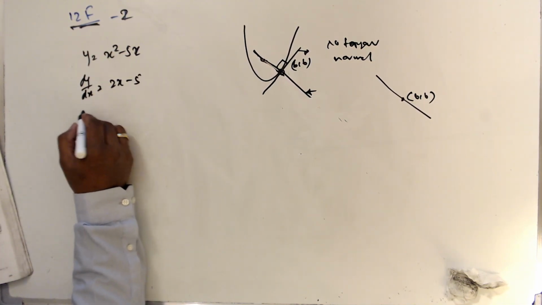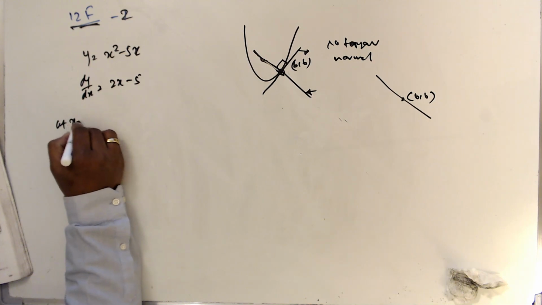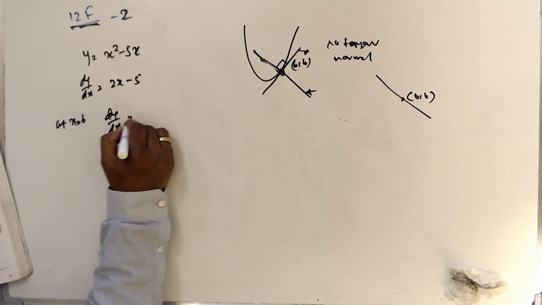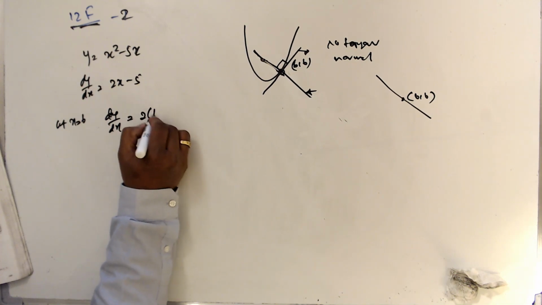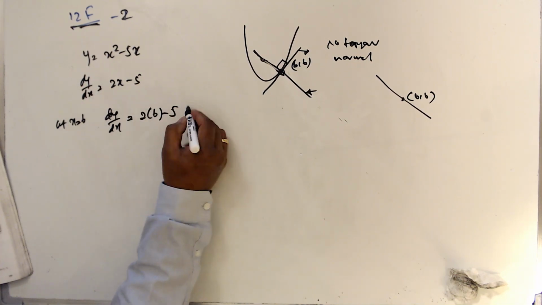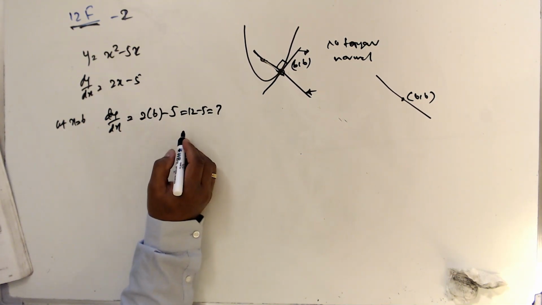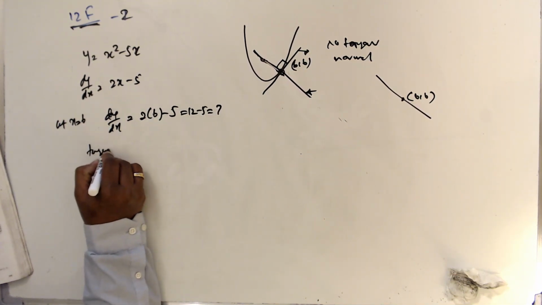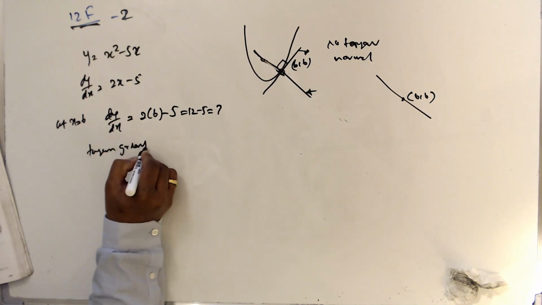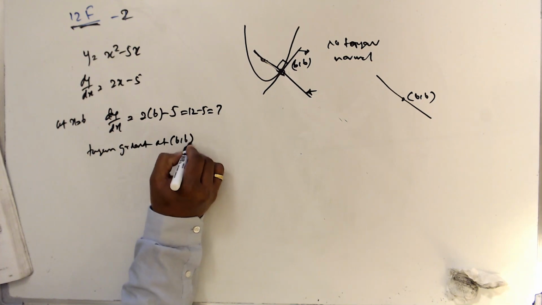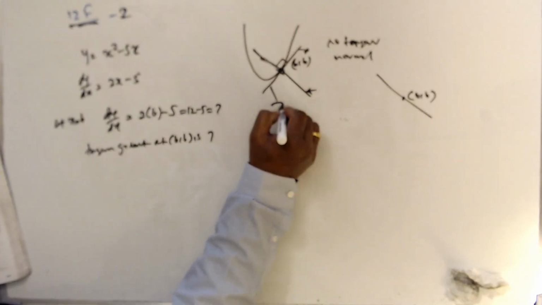Now at x equals 6, dy over dx equal 2 times 6 minus 5. 12 minus 5, 7. So the tangent gradient at 6, 6 is 7.